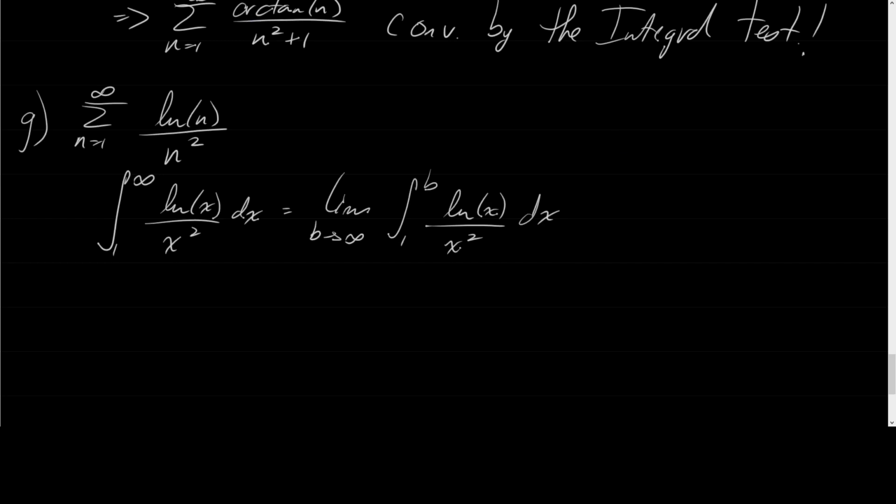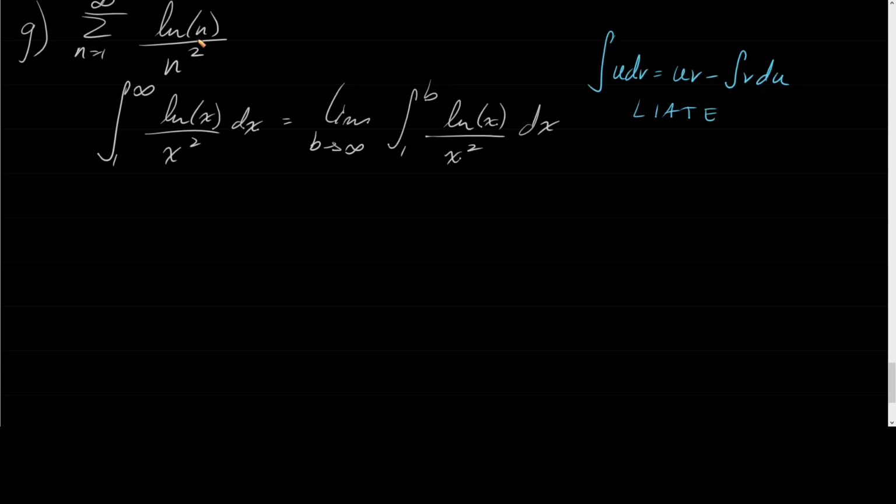And with integration by parts, first let's recall the formula. The formula was that the integral of u dv is uv minus the integral of v du. And along with that came this acronym, LIATE, L-I-A-T-E. All right, and that again, if you recall, reminded us how to find out what our u is. So, what is our u, and then what is our dv?